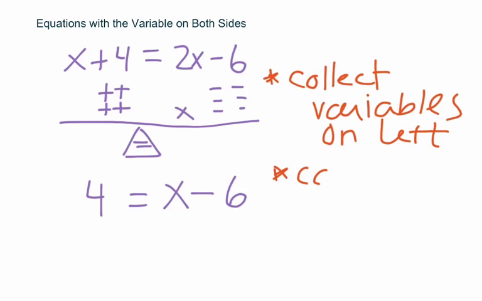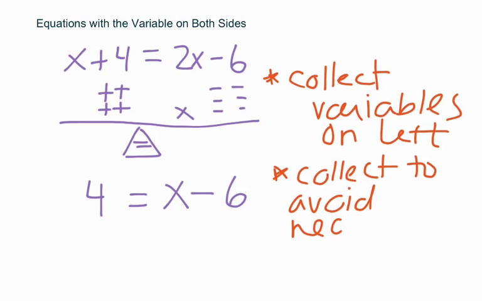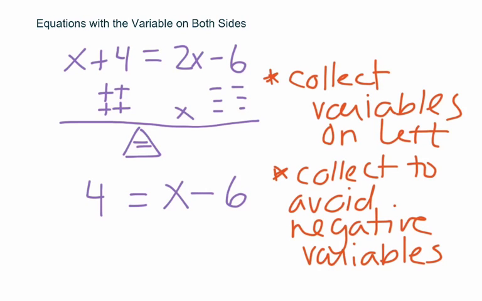Other people will collect to avoid negative variables or negative coefficients in front of the variables, okay? We'll just say negative variables for shorthand, but what we mean there is the negative coefficients. And so the way we did it here, this is still a positive 1x right there, and we avoided the negatives.